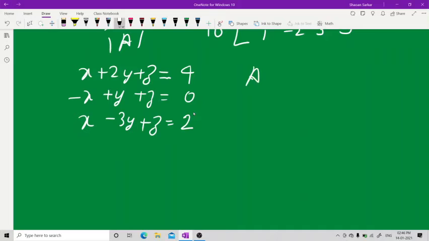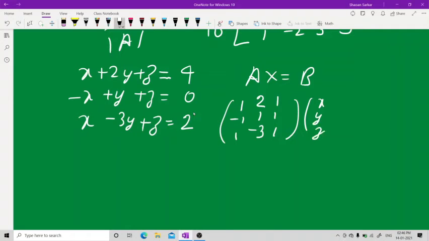Now this is of the form AX equal to B. Now write it that way. This is 1, minus 1, 1, 2, 1, minus 3, then you have your 1, 1, 1, and then you have your x, y, z, then you have your 4, 0, 2.